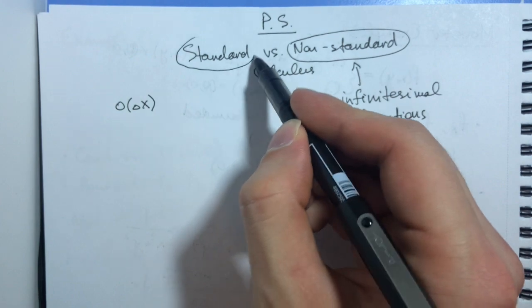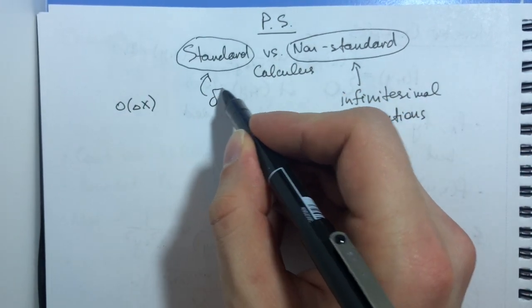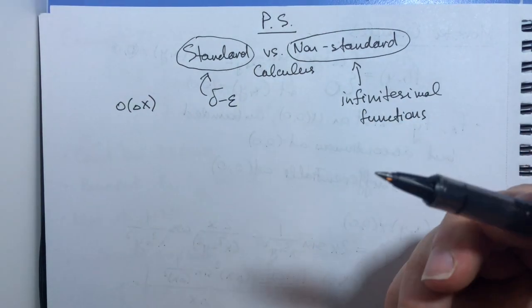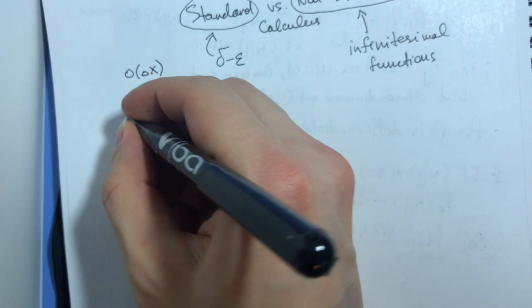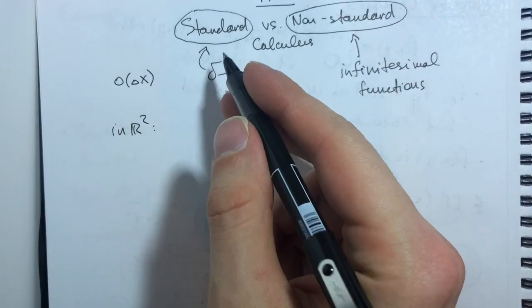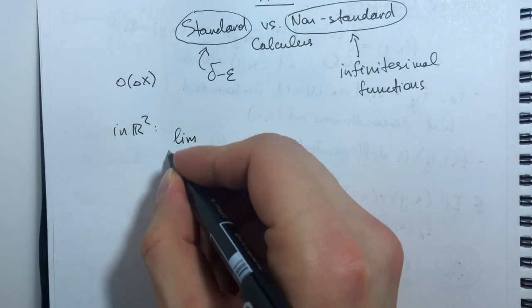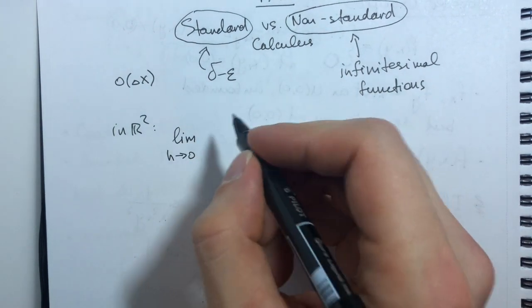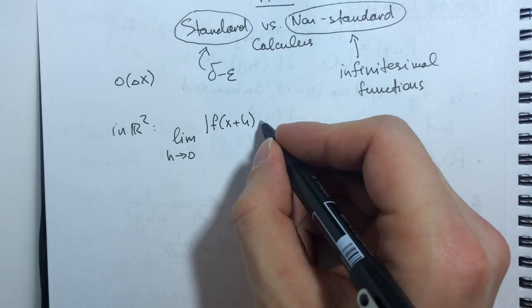Whilst standard calculus generally is described as delta epsilon calculus. So for example, in R2, in standard calculus, you would call a function differentiable if the following limit is equal to 0.